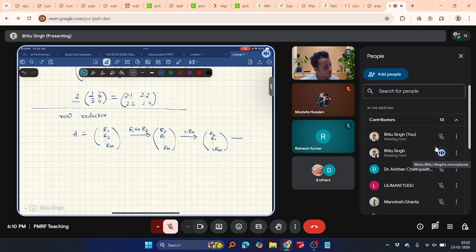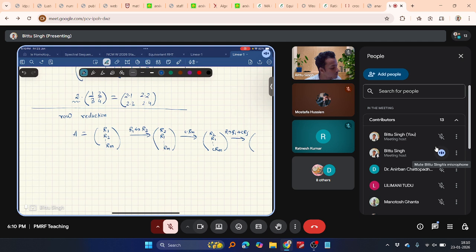And we also can add one row to another with some scaling. So Ri plus C times Rj. So Ri can be changed to this. Okay.